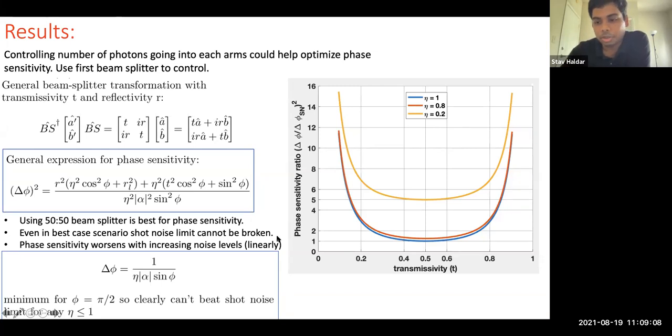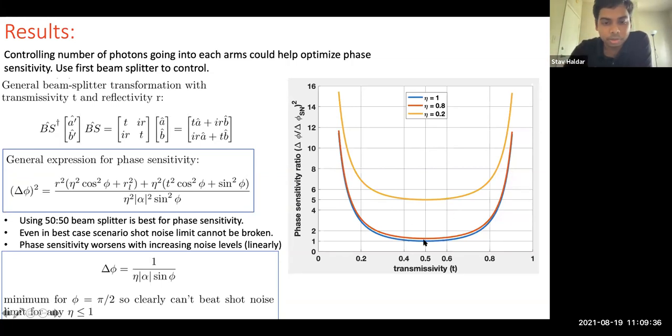Another thing you immediately see is that the phase sensitivity, even the minimum value, grows linearly with the level of noise. You can see in this expression that delta phi falls linearly with eta, and with eta being less than 1, you lose precision linearly as you increase the noise.